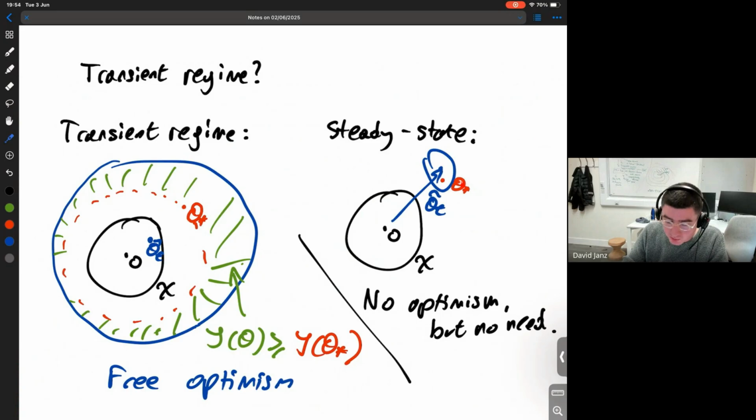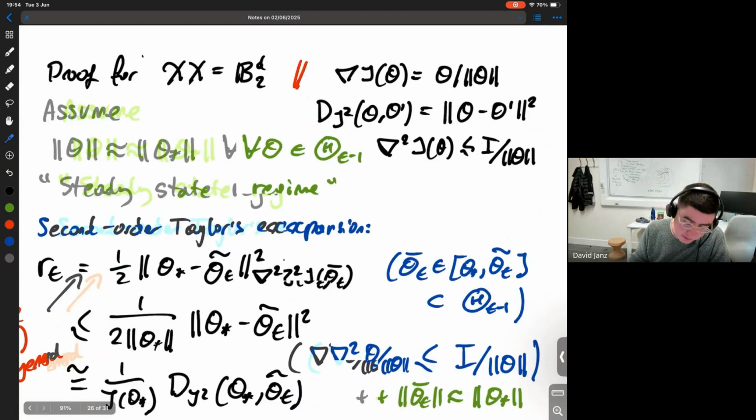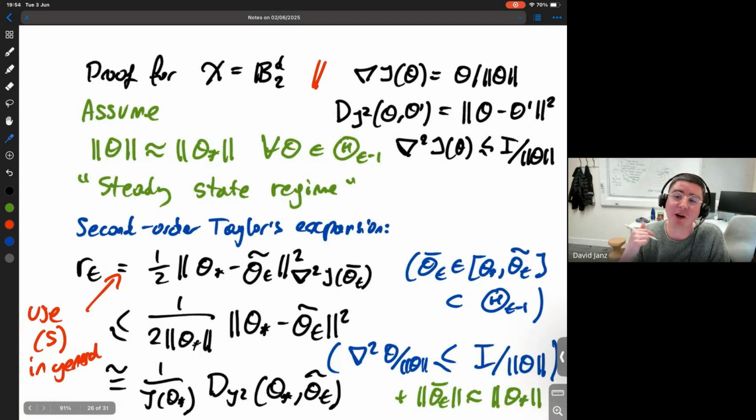And the norm of theta star is up to some constant factors the same as the norm of any parameter in the confidence set. So this is different than a regime you might start in, where the norm of theta star might be very different to the norm of other parameters in the confidence set. So we're far along in the exploration. Everything has worked well so far.